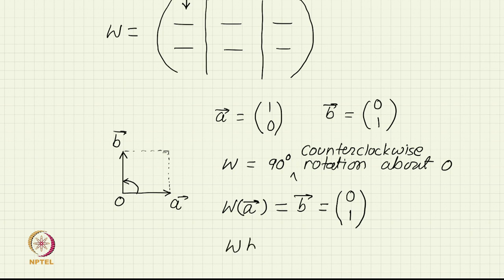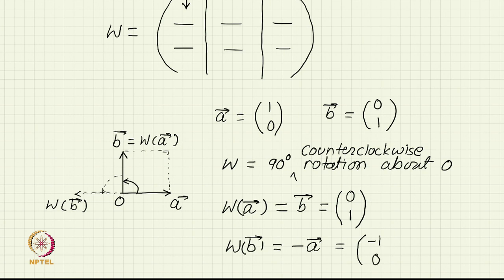What is W B? If you rotate B by 90 degrees, it will just come opposite to A. So, W B is minus A, and minus A in our coordinate system will be minus 1 0.